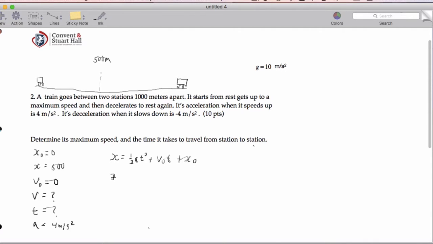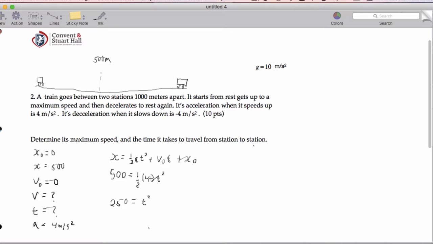Putting in our numbers, that's going to give us 500 equals 1/2 times 4 times this unknown t squared. So we're going to end up getting 250. Let me just double check. Okay, so 250 equals t squared. Let me make absolutely sure of this. Okay, all right, so that's what we got.